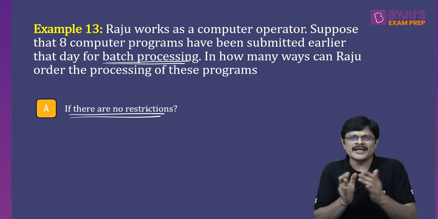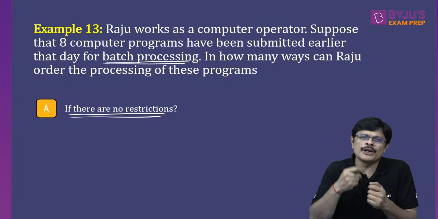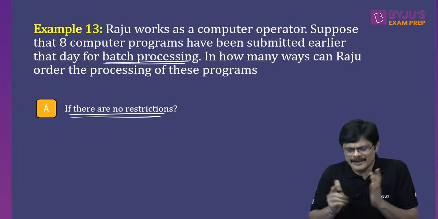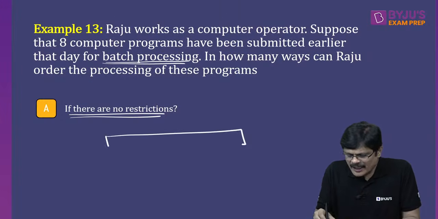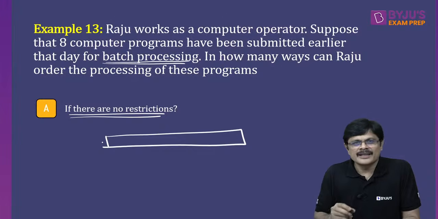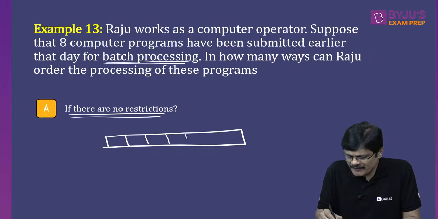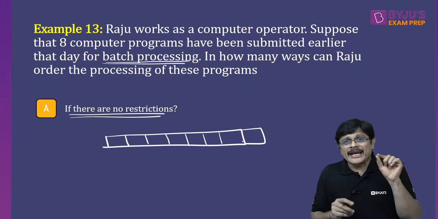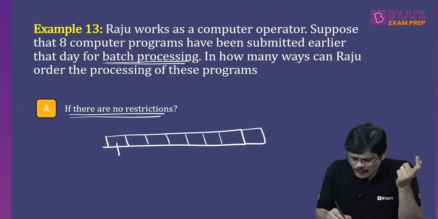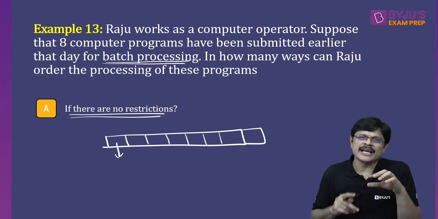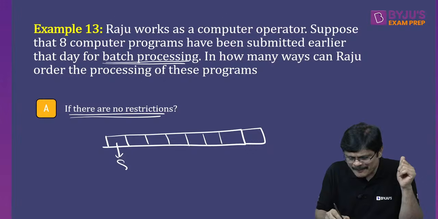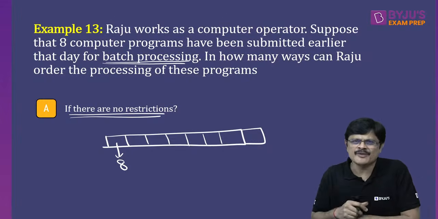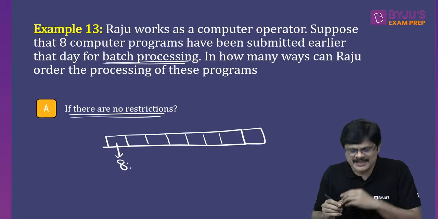So 8 programs are there. I am having some processor where I can only process one program at a time. So how many ways can this be done? See, my dear friends, there are totally 8 programs: 1, 2, 3, 4, 5, 6, 7 and 8. Now I can process one program at a time. So first, which program can I process? I can process any of the 8. That is, I am having 8 choices for the first one. After that, this program is gone.